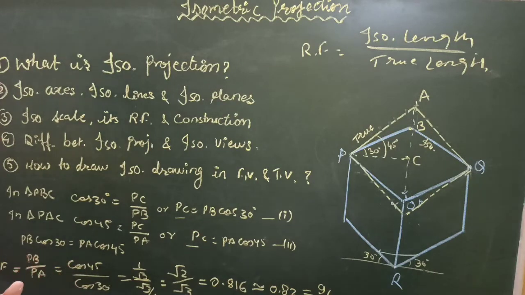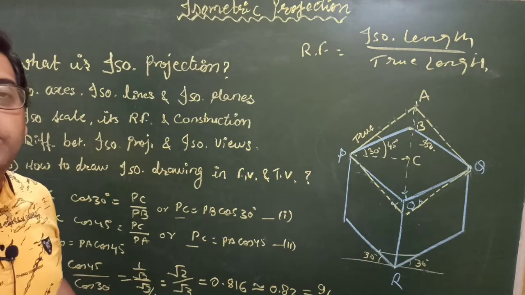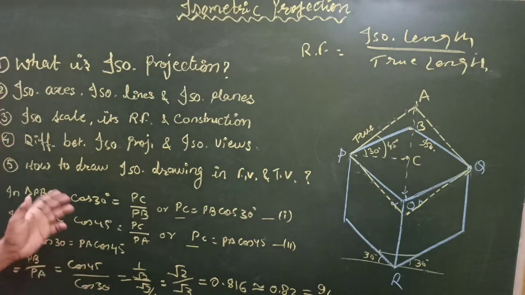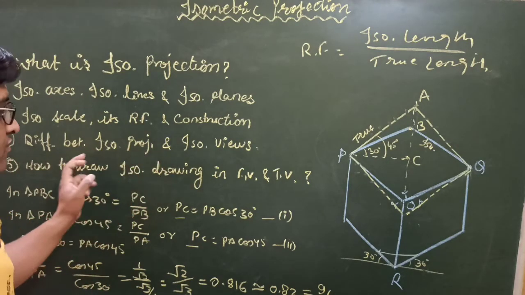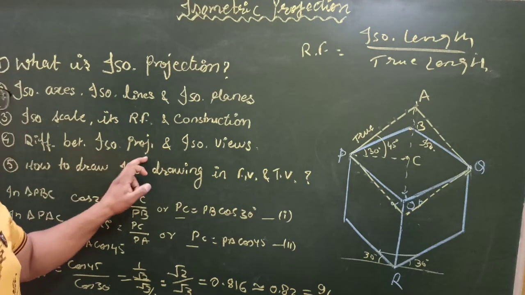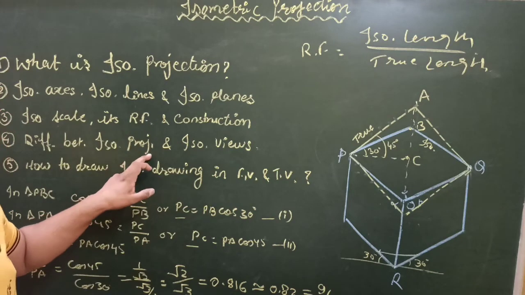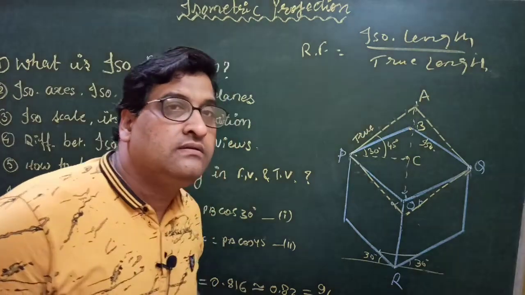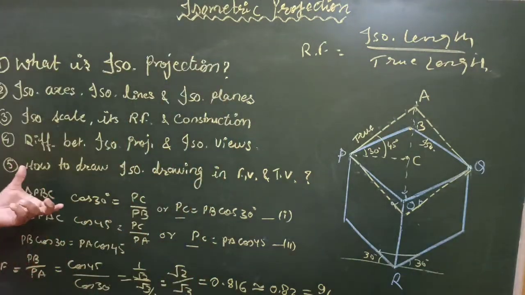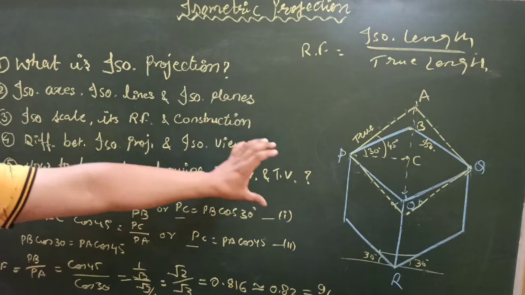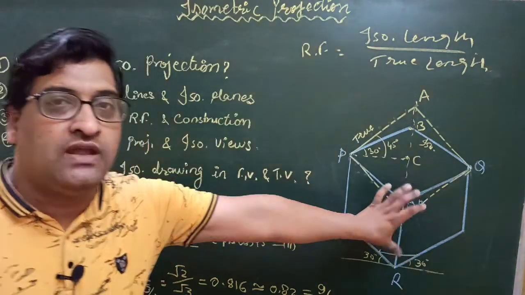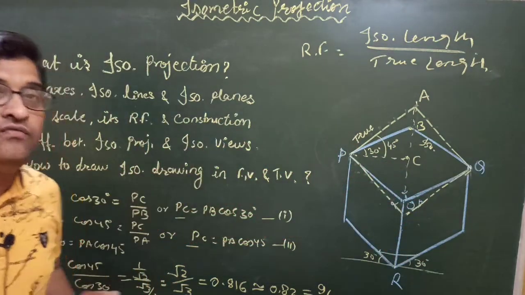Many times we use the isometric scale, many times we don't. So for removing the confusion, when we are using the isometric scale and reducing the dimension, then it is called isometric projection. When we are working without the scale and directly taking dimensions, if 50 mm is there, we are taking 50 mm here, then it is isometric views.